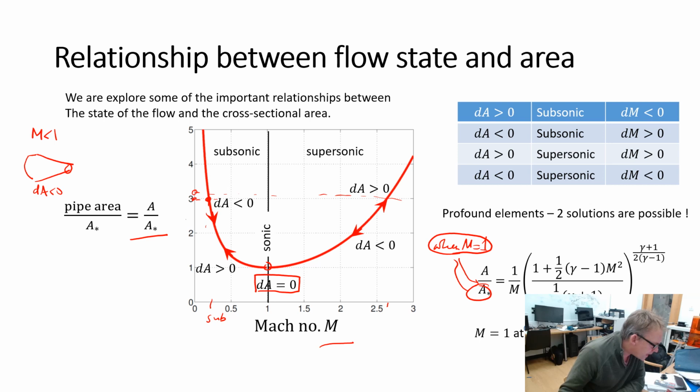If the area decreases, squashing the flow, then the Mach number goes up. So that's kind of intuitive. The flow gets squashed, area goes down, velocity goes up.